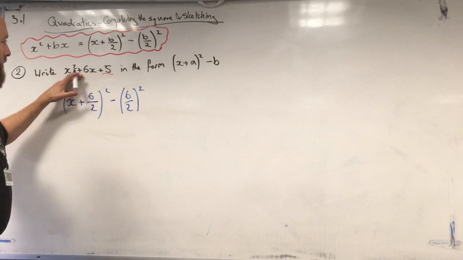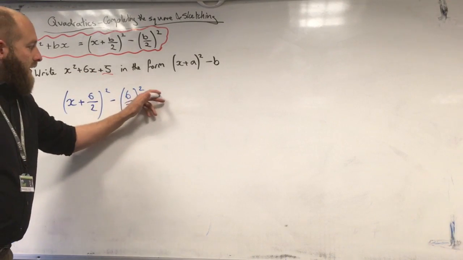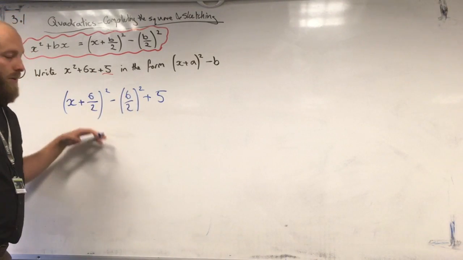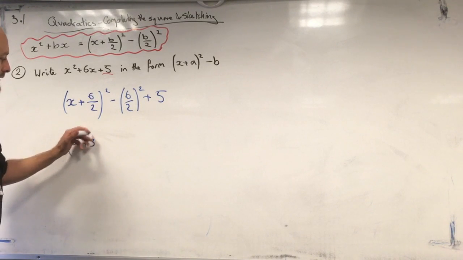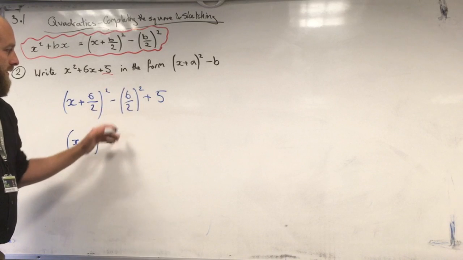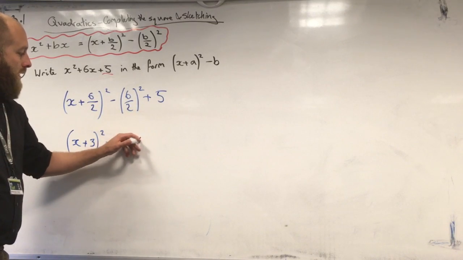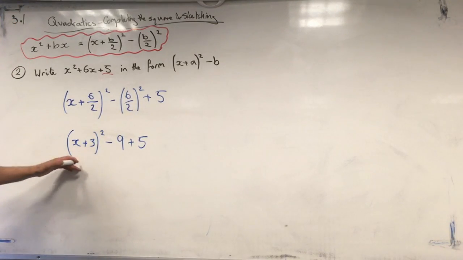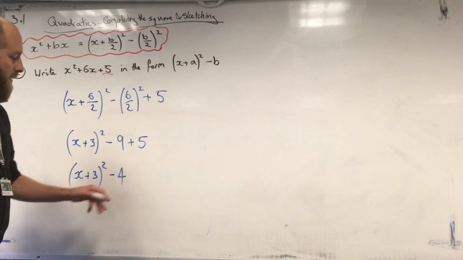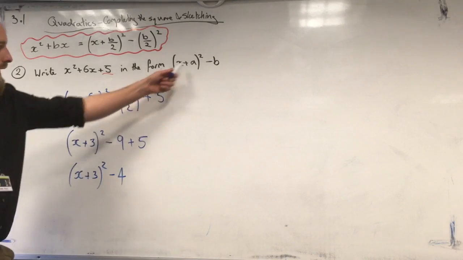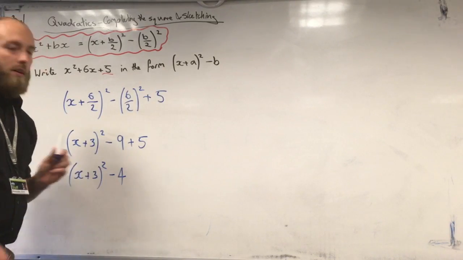So that's taking care of all of this. And now we're just going to add 5 onto the end of it. Now we can work through expanding the brackets and simplifying. So we get x plus 3 squared minus 3 squared was 9 plus 5. So we're going to get x plus 3 squared minus 4. So in this case, a is 3 and b is 4.